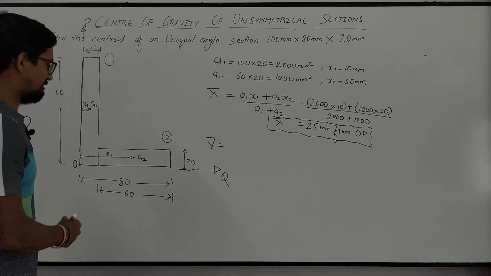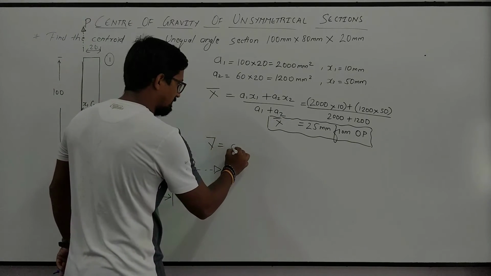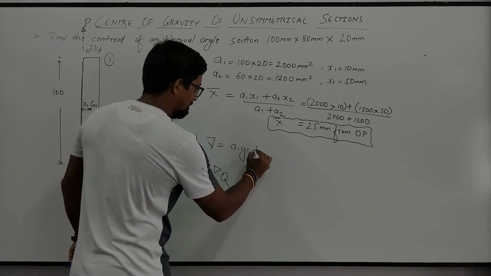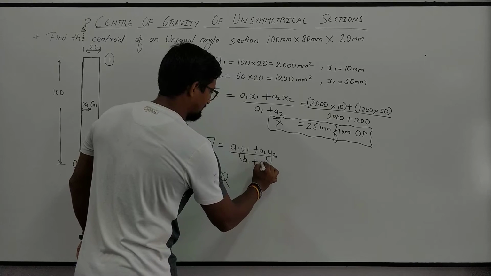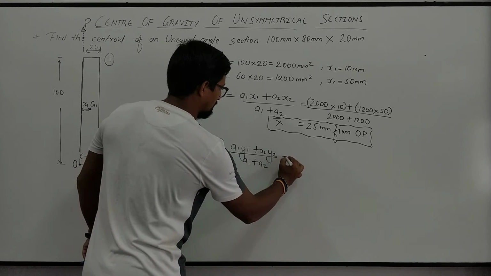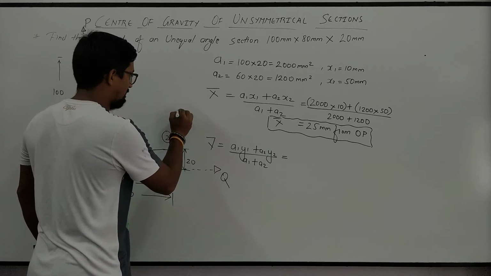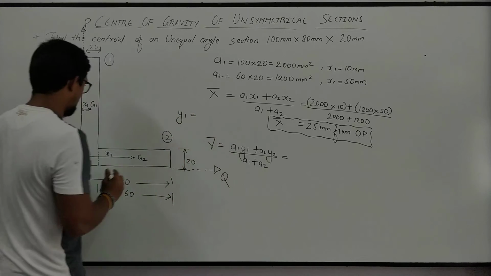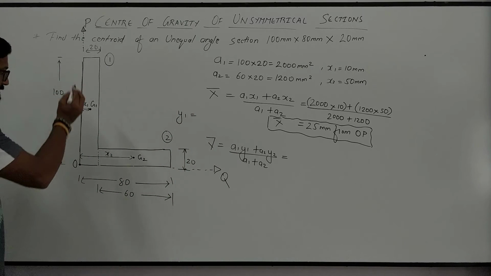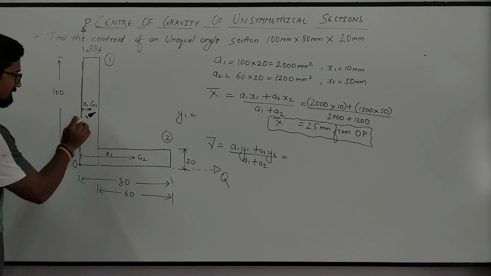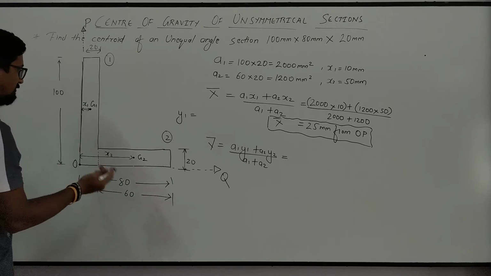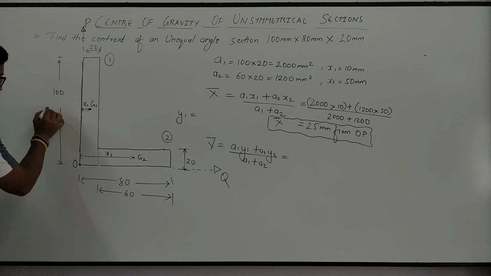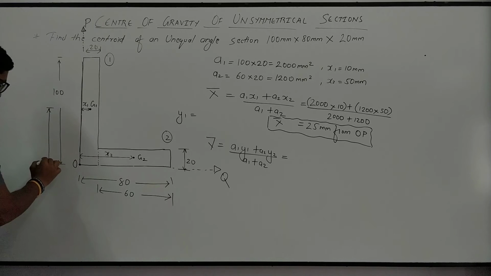Now similarly y bar is equal to A1 y1 plus A2 y2 divided by A1 plus A2. So what is the value of y1? x1 and x2 are the horizontal distances of the respective CGs. Now y1 and y2 will be vertical distances.